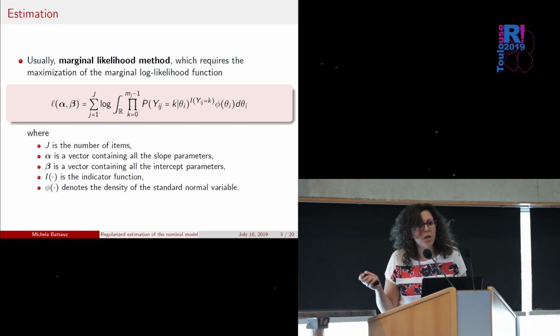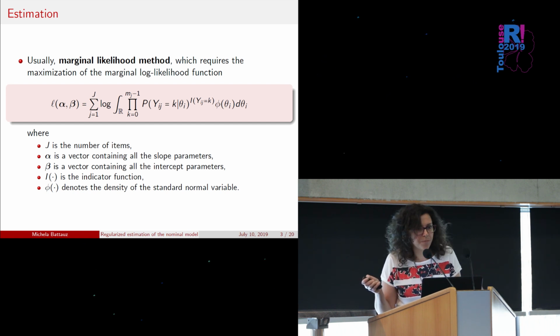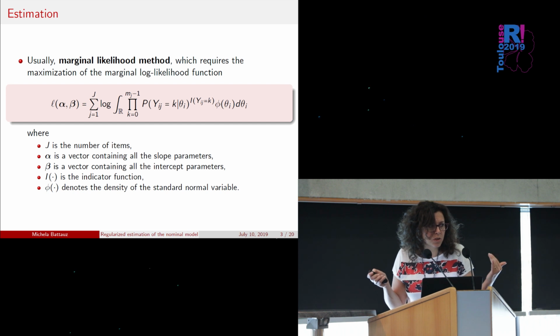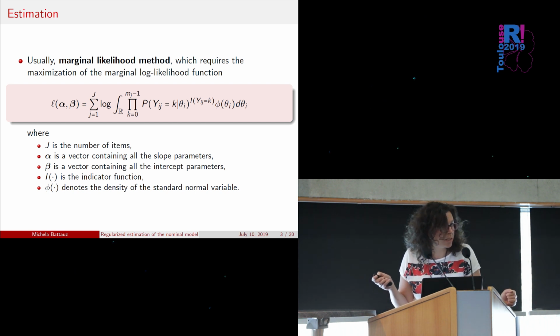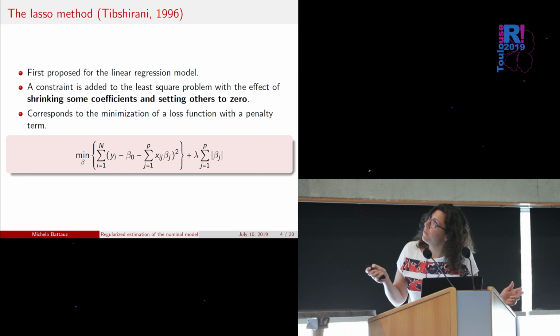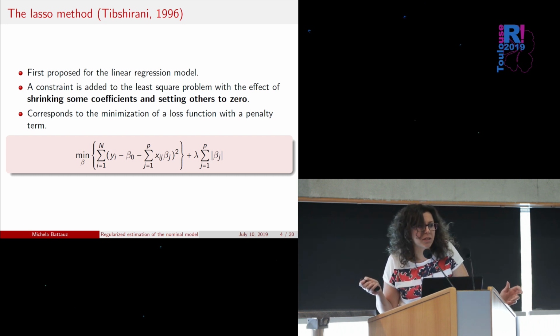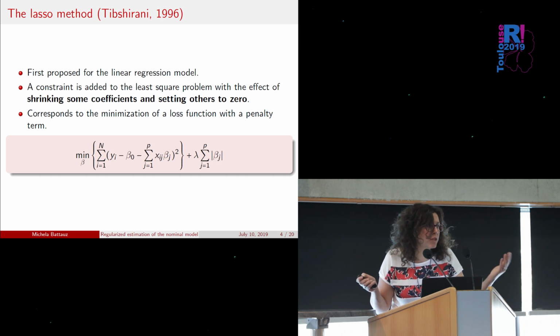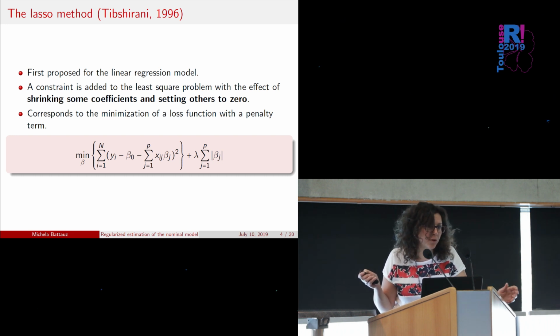However, the maximum likelihood estimates can be very variable and also biased, especially in small samples. So the idea of this work is to regularize these estimates. The lasso is a very popular regularization method which was first proposed for the regression model.